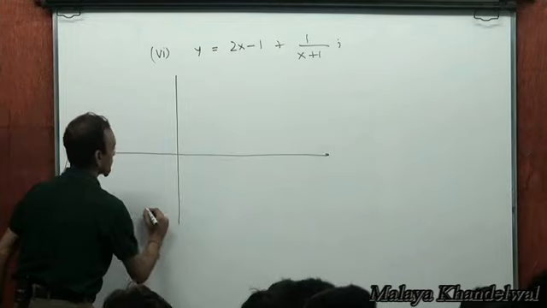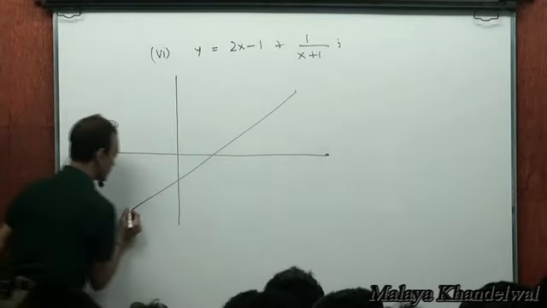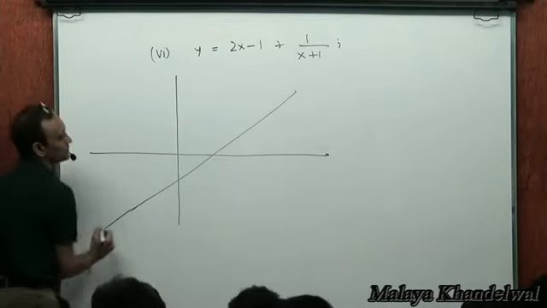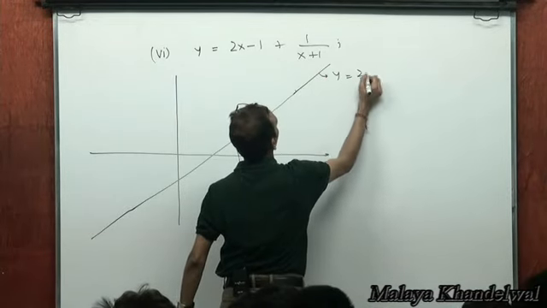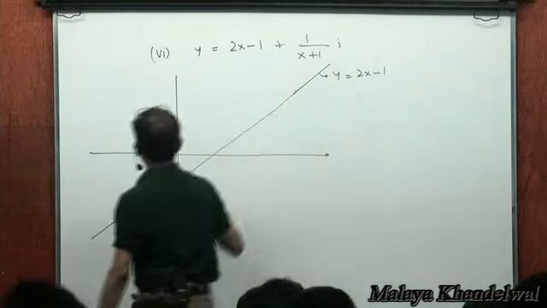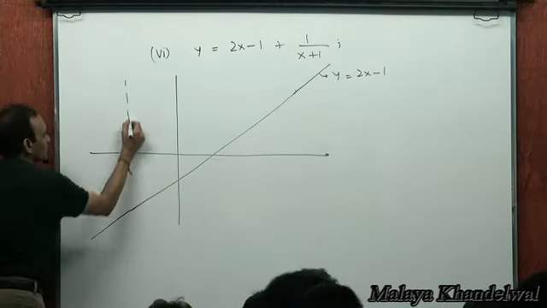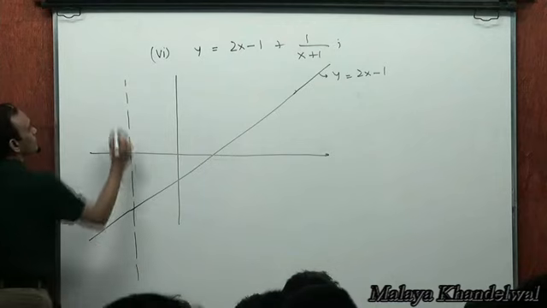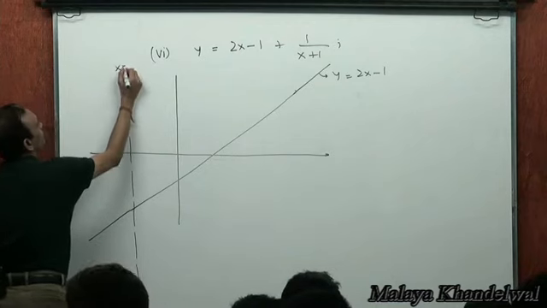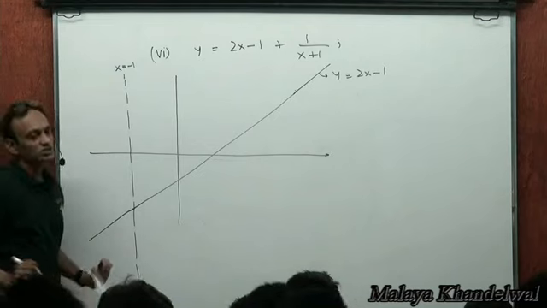This must be y equal to 2x minus 1, and this must be x equal to minus 1, a vertical asymptote. This much at least, right?